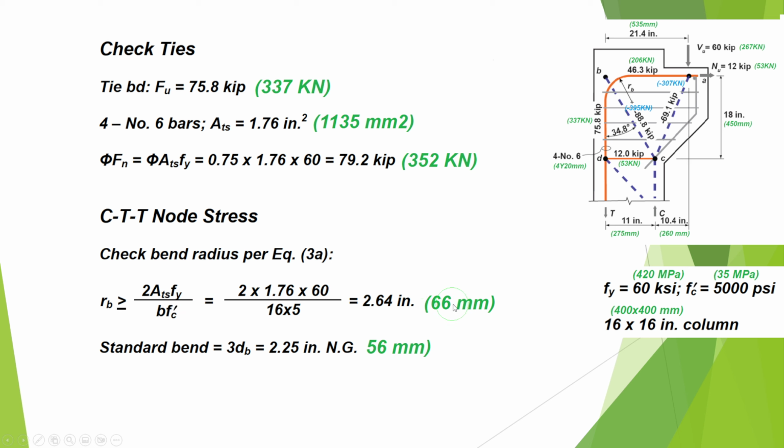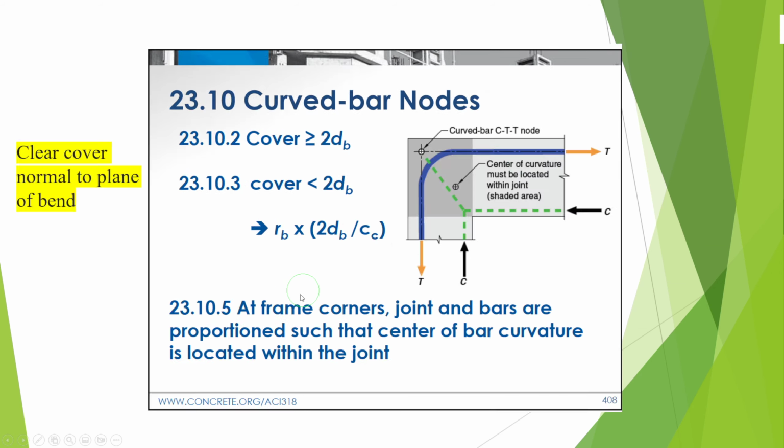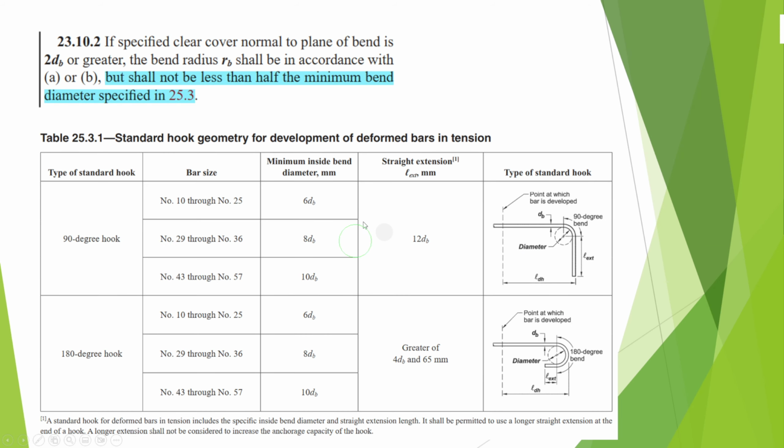Okay, the code told you to calculate one time using this formula and also to check with the standard bend using table 25. If we go for that table, we are talking about this table. Here the diameter is for bar up to 25 millimeter is diameter is 6 db, which is the radius will be 3 db.